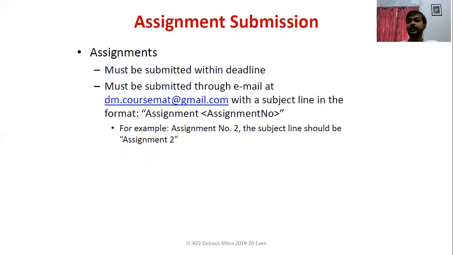If it is assignment number 2, in the subject line you should write "assignment 2". This standard has to be followed, and your mail should reach me before the deadline. After the deadline, no assignments will be considered.